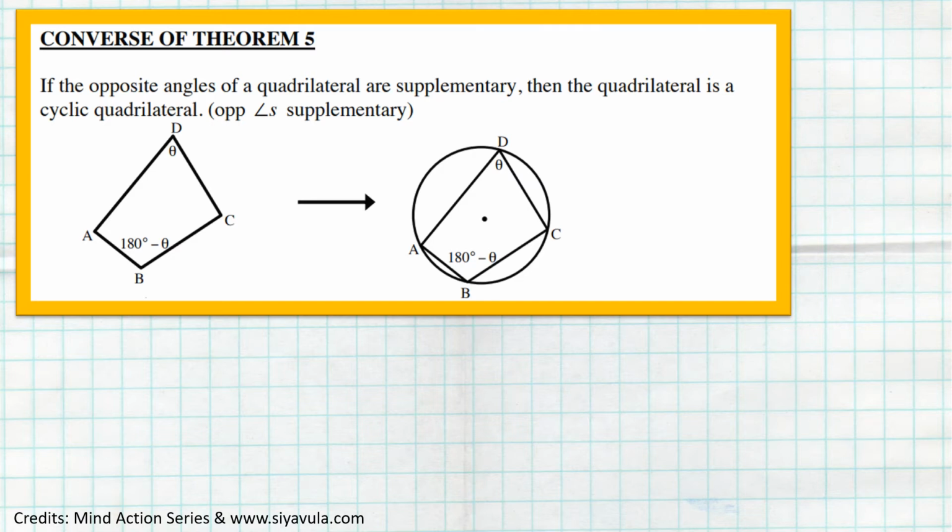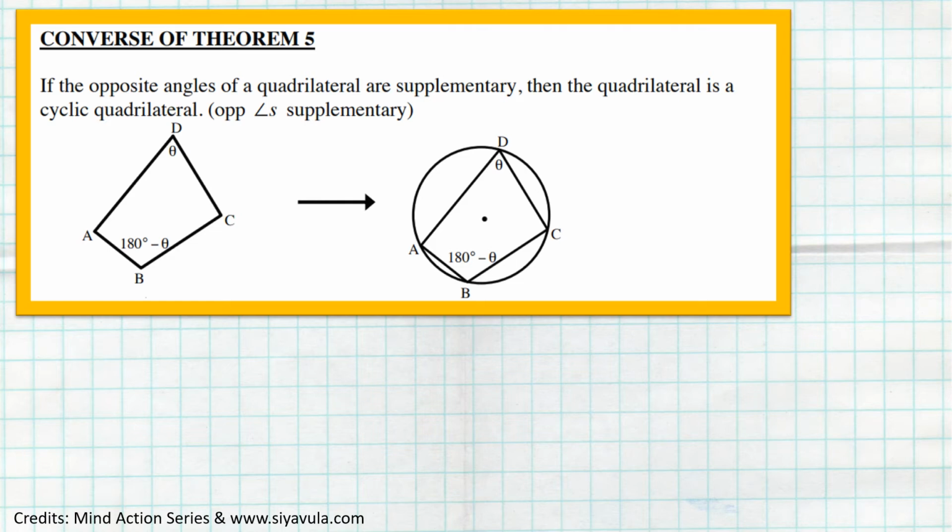It's not within a circle, but I'm saying that when I add opposite angles, I'm getting that they are equal to 180 degrees, meaning that we can make that deduction from theorem 5 that this is actually a converse theorem, meaning that there's actually a circle around that quadrilateral, making it a cyclic quadrilateral.